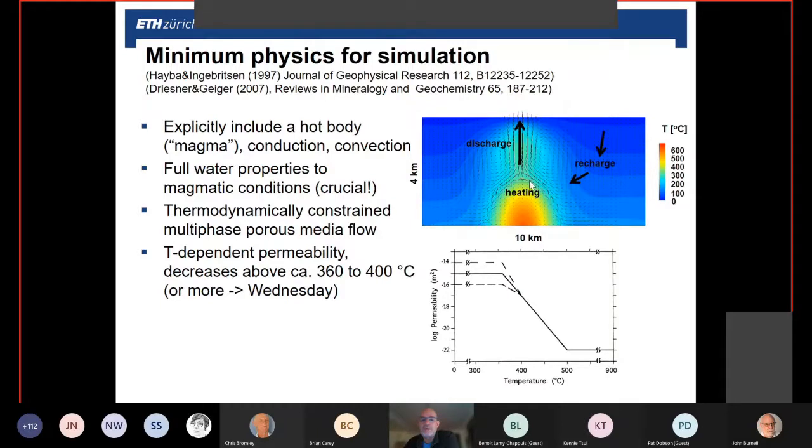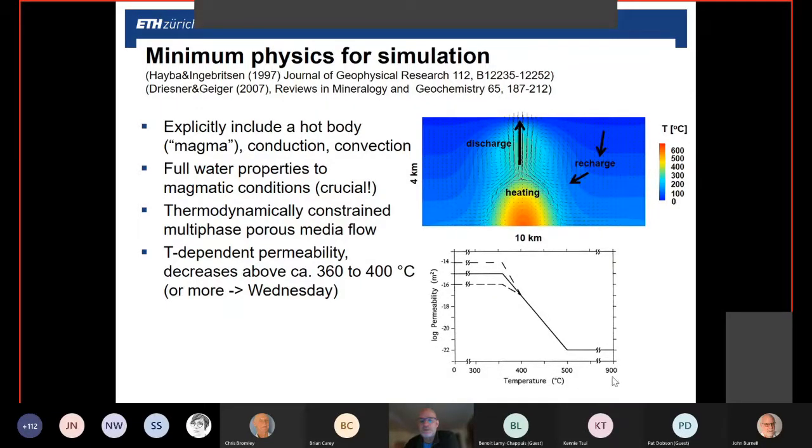And so in this part where it is really hot, you have conductive heat transfer. And outside, where it is permeable, you will have convective heat transfer dominating. So what Dan and Steve back then implemented is a temperature-dependent permeability model to include this.